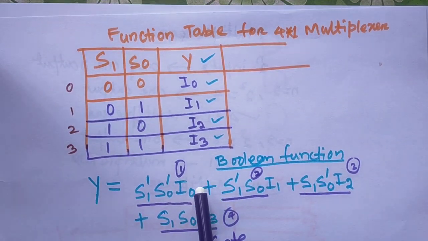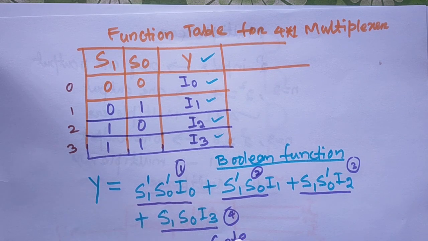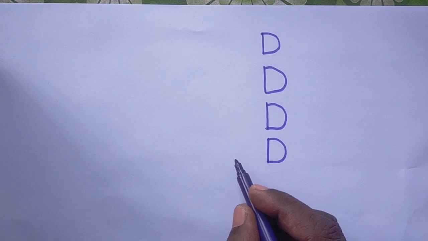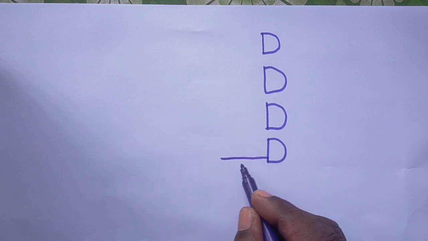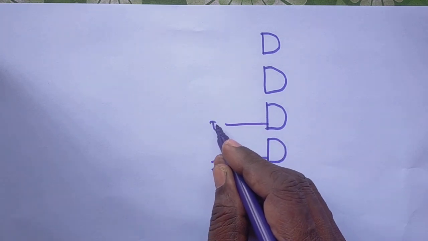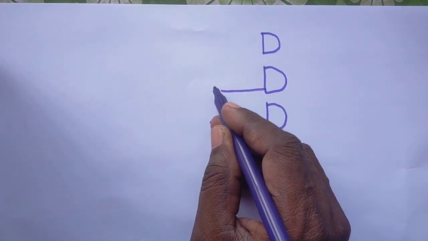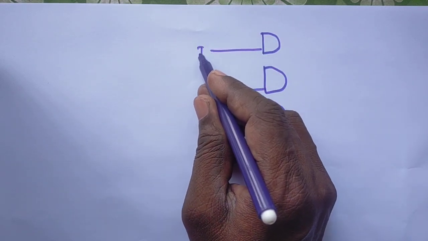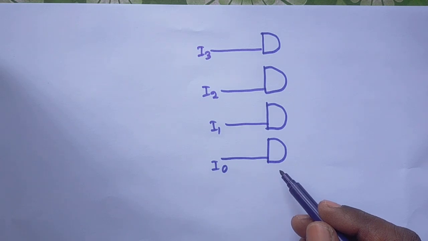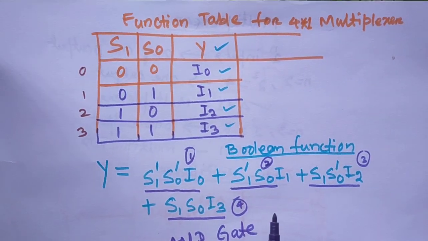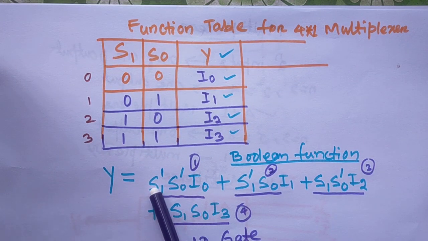So each AND gate contains I0, I1, I2, I3. I will just draw the data to the AND gate: I0 here, I1 here, I2 here, I3 here. The other inputs are S0 and S1.